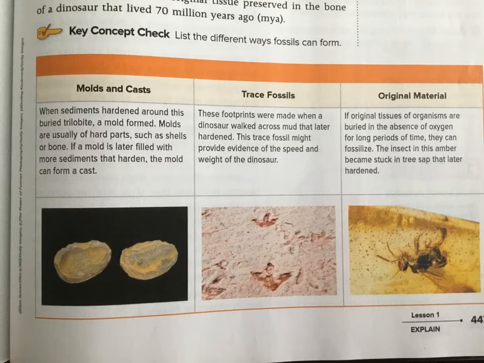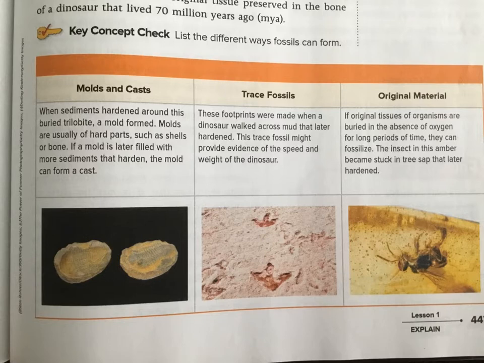All right, the next type of fossil would be the molds and casts. So what happens is an organism passes away and sediment hardens around it.